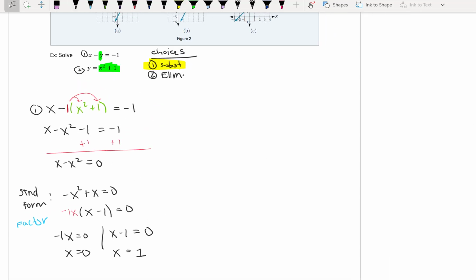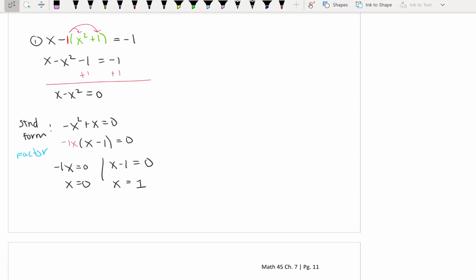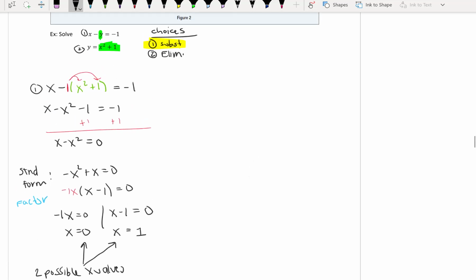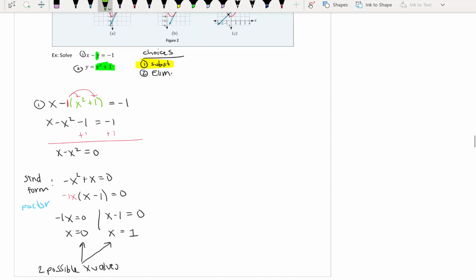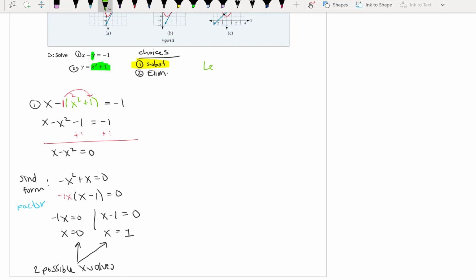Remember, here are my two possible x values. I need to figure out the corresponding y values. So I'm going to check each one out. Let's say for the first one, I let my x equal 0.